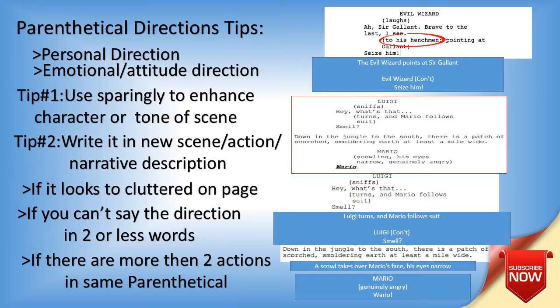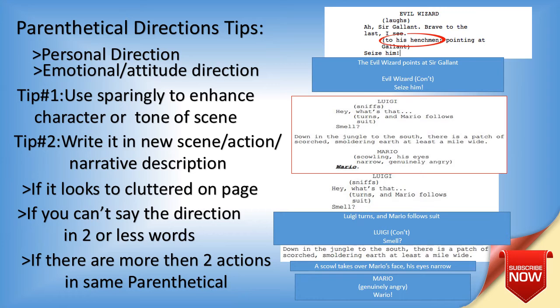Now that is a perfect example of way too much happening with parentheticals in the scene and the dialogue, just making it so cluttered that I'd have to reread this like two or three times to figure out who is turning, who is following, who is sniffing, who is scowling, so it's going to take me a while to read. Or you could rewrite the scene in a clearer way.